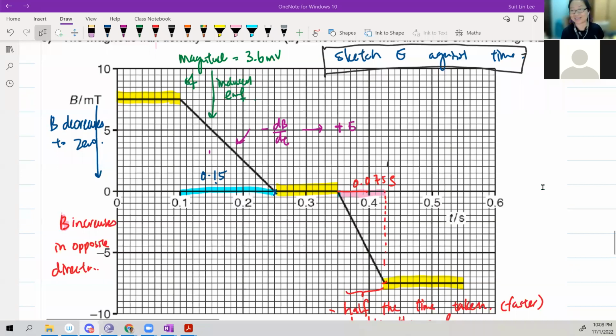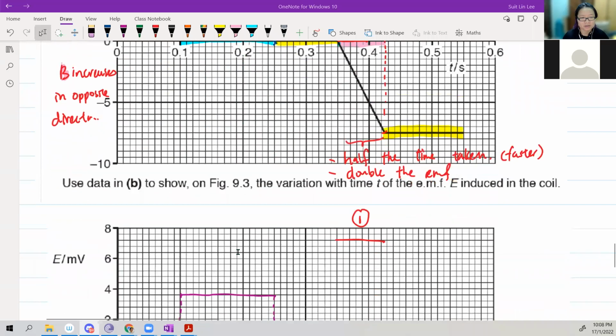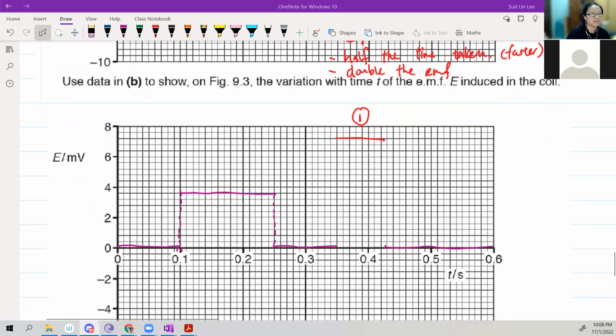Okay, so what I said was, here is 3.6, right? And it's positive 3.6 because the dB/dt is negative. So negative dB/dt is equal to positive EMF because EMF is equal to negative dB/dt.